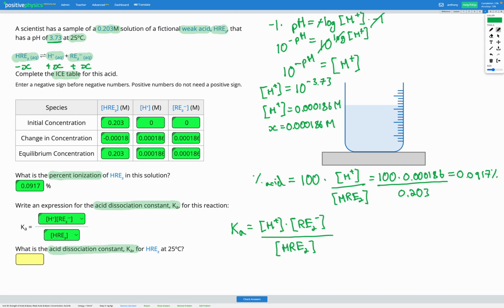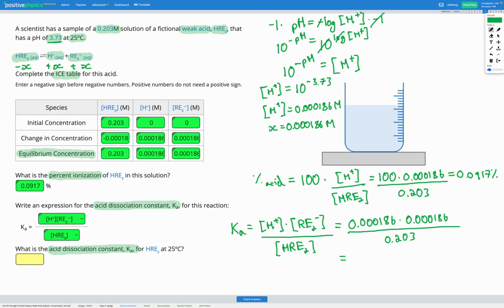Well, we know the concentrations of all of our species at equilibrium from the equilibrium concentration row in our ICE table. So we can go ahead and fill that in now. For H+, it's 0.000186. For RE2-, it's also 0.000186. And we'll divide that by the concentration of HRE2, which is 0.203.